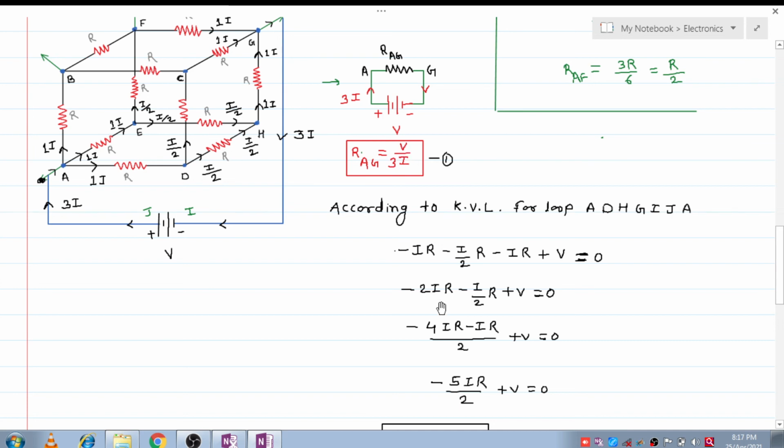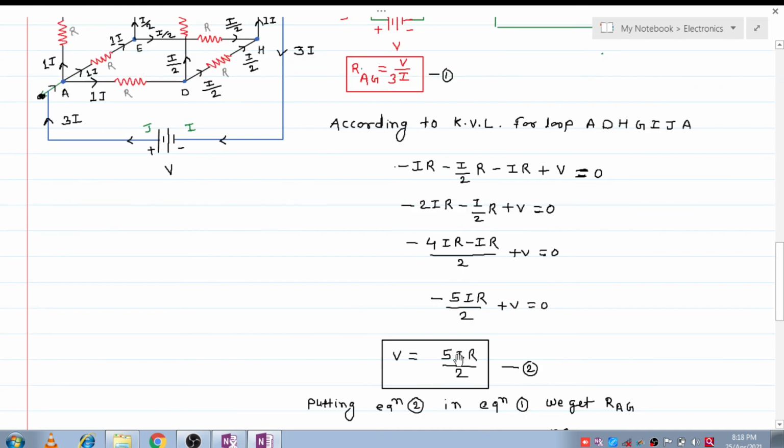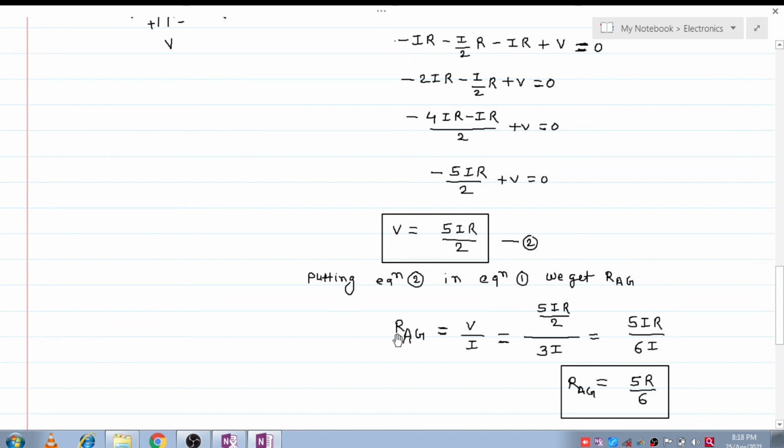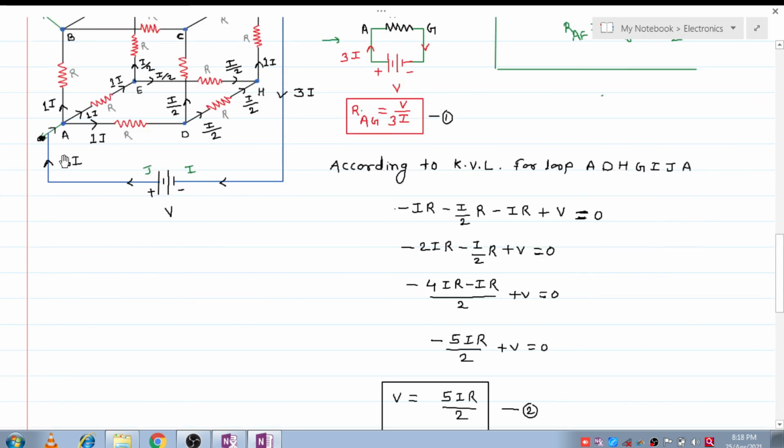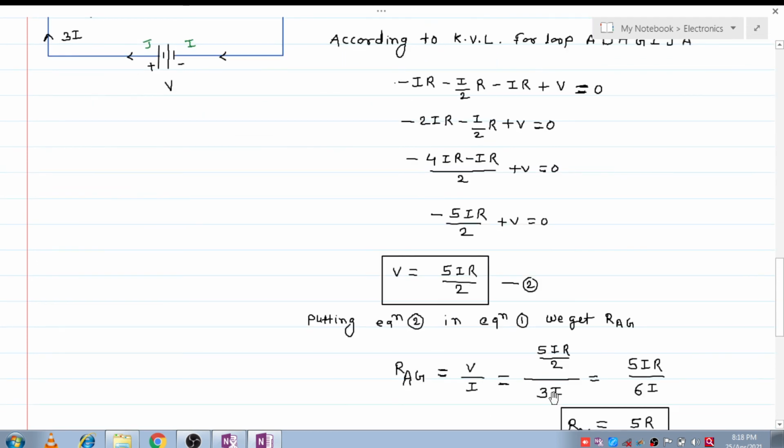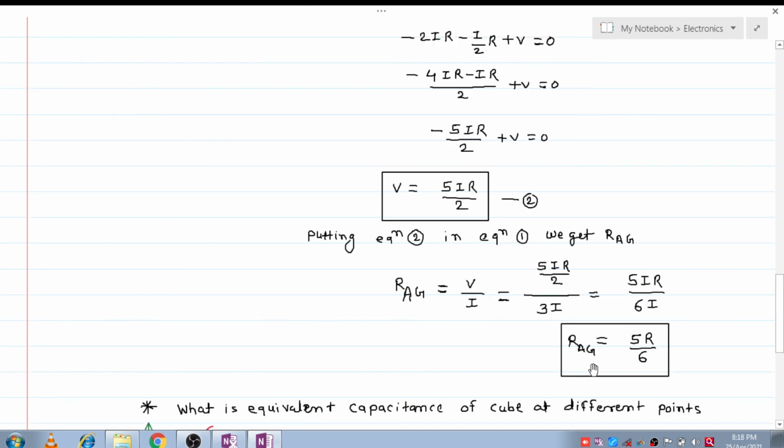V is equal to 5IR divided by 2, and the current we have considered is 3I. So we can write 5IR divided by 3 multiplied by 2, that is 6I, and the I gets cancelled. So the resistance R_AZ is equal to 5R divided by 6.